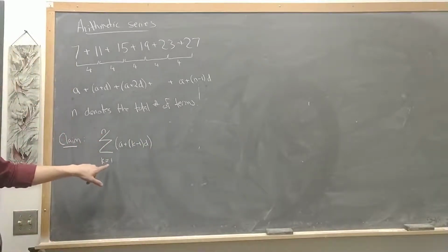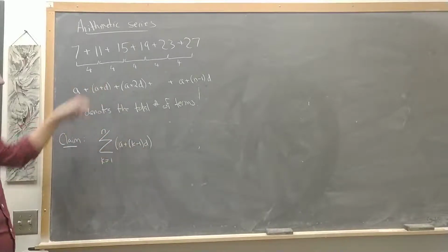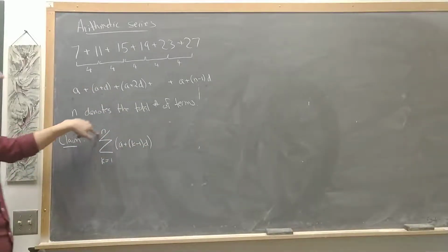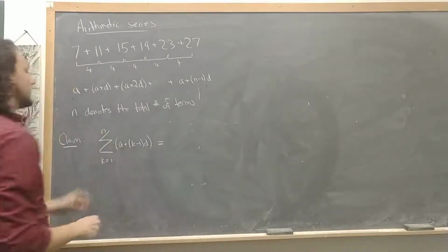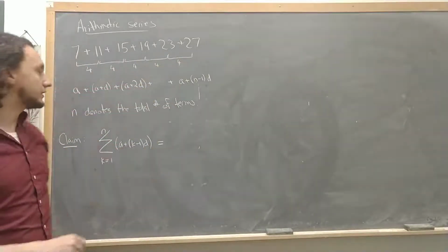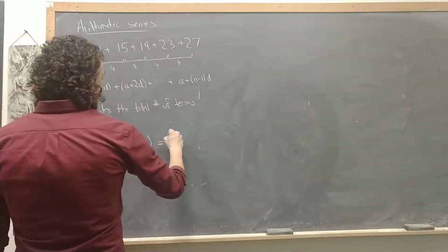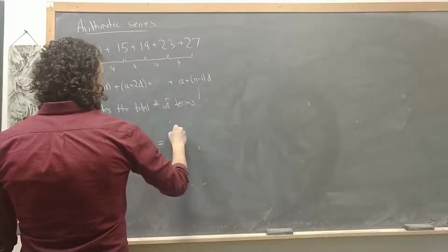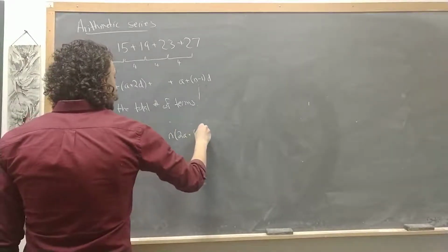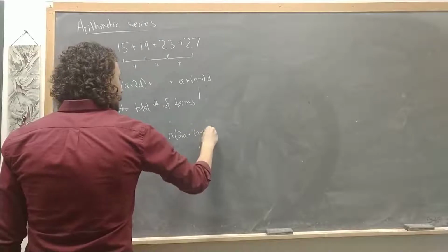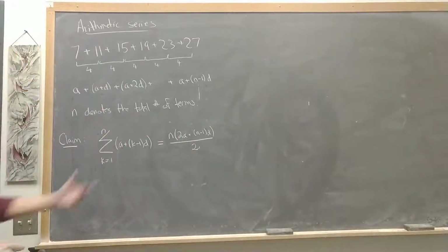It's easy to check that when k equals 1, we get a, when k equals 2, we get a plus d, and all the way up to when k equals n, we get a plus (n minus 1)d. The claim is that the sum of any arithmetic series can be given by the formula n times (2a plus (n minus 1)d) over 2. So this is what we want to show.